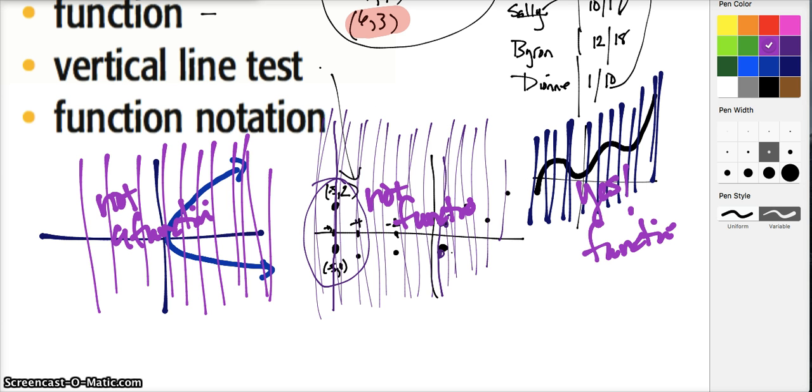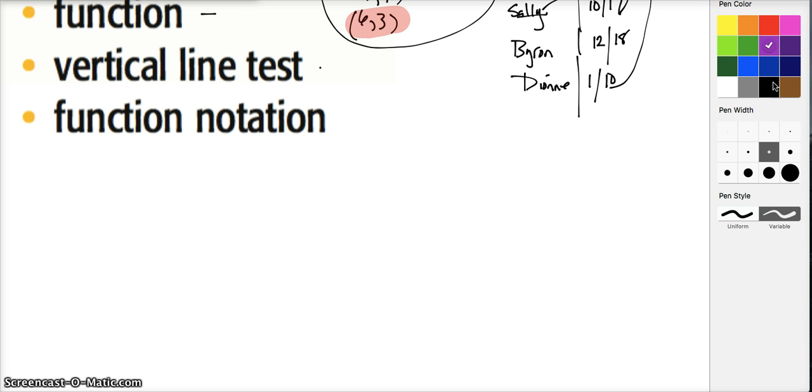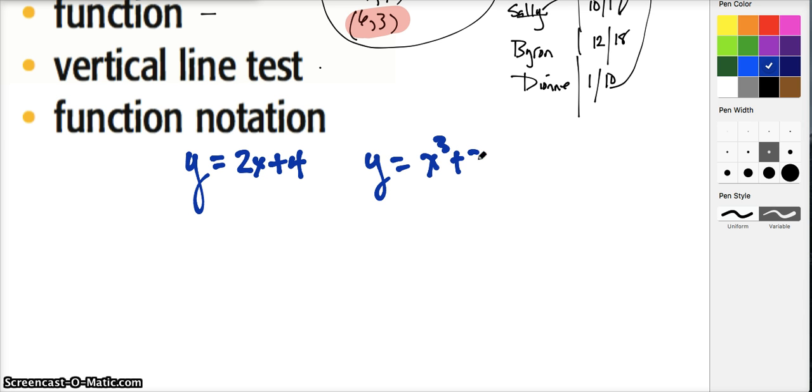All right, the last vocabulary phrase is function notation. Function notation is basically flipping the script a little bit. You remember how we would have y is equal to 2x plus 4, or y is equal to x to the third power plus 2 minus 1, or whatever nonsense. Now, instead of using y as a variable, we would use f of x in replacing y.